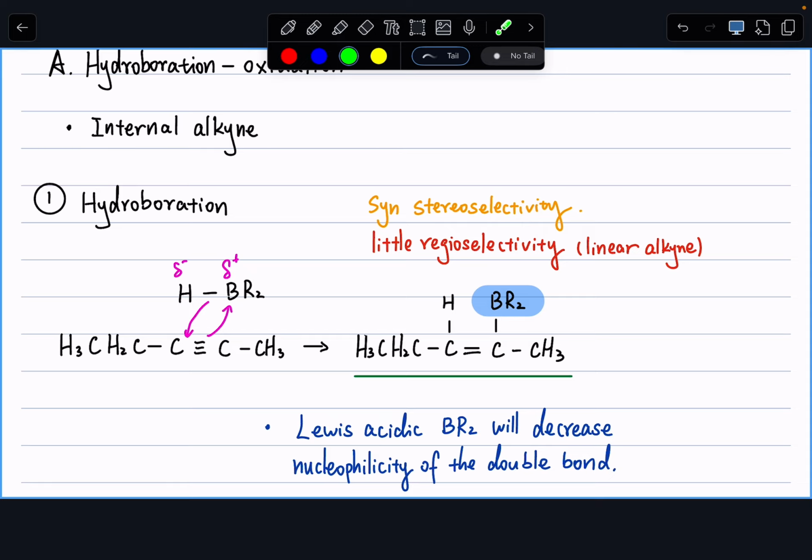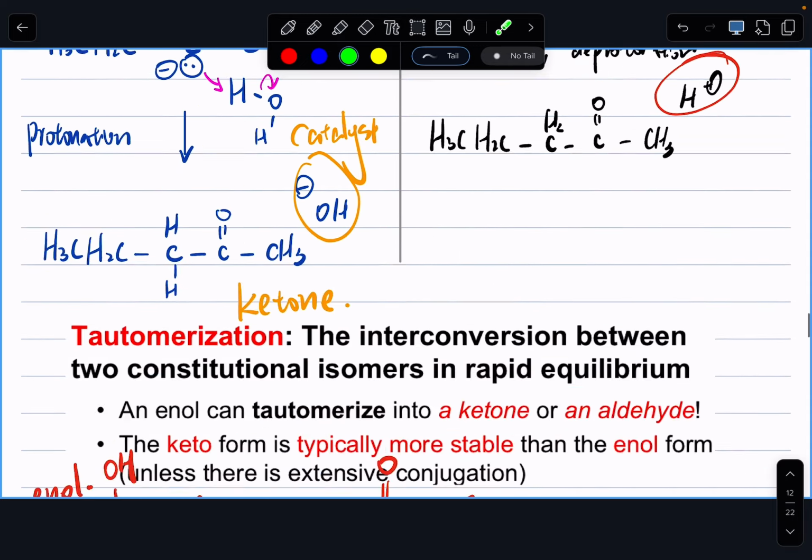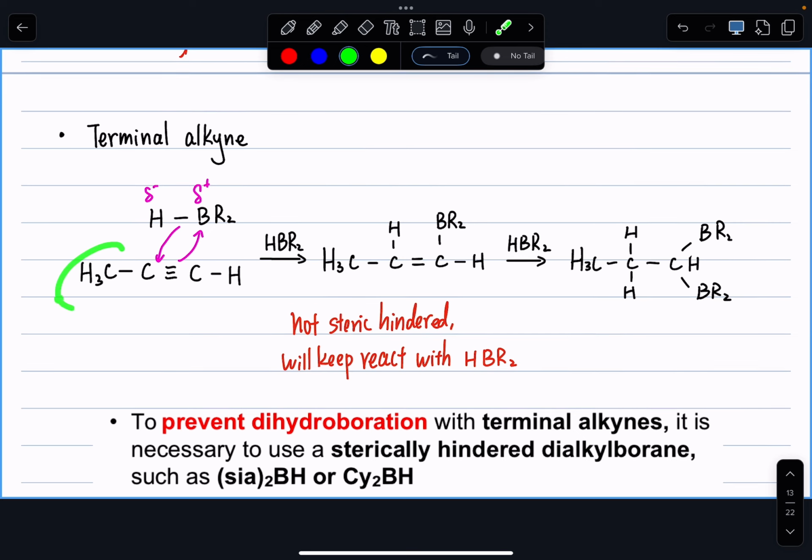But if we're looking at terminal alkynes, so that is saying when we have, let's say, this one, when you have a terminal sp carbon-hydrogen bond, and you're reacting that with a boron reagent. The terminal hydroboration, with a small boron reagent, will form an alkene that is not sterically hindered, meaning we have a terminal alkene that still has a CH group around it.